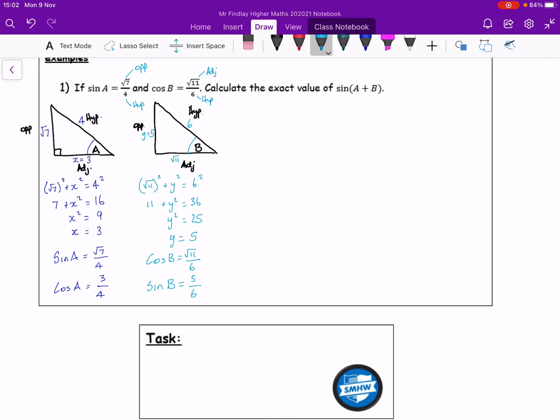So a wee bit of work, taken simply from the ratios, form a triangle, work out the additional side, and therefore we have the sine and cos for that angle. Do that twice, and then once we've got that, we can do our expansion.